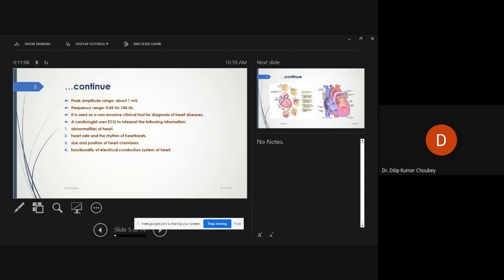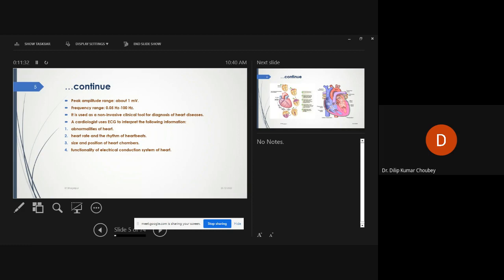And regarding the use of the ECG, a cardiologist uses ECG to interpret different kinds of abnormalities. It may be arrhythmia, it may be myocardial infarction. Another point is the heart rate and the rhythm of the heart. They can predict the heart rate by counting the number of heartbeats per minute, which is beats per minute, BPM.